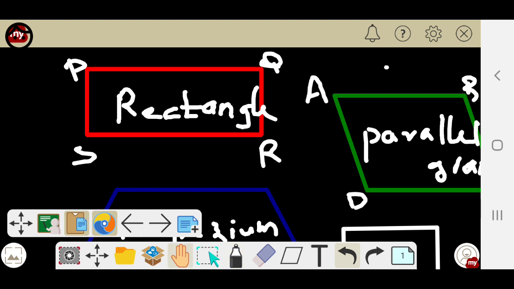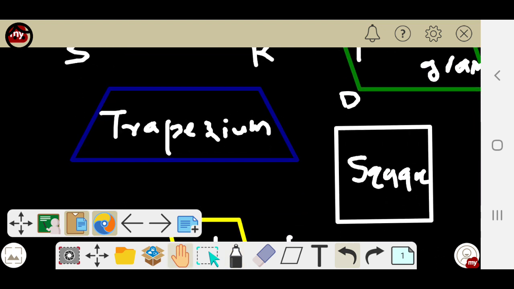Next, trapezium. Okay, if the name is PSTV, what can we tell?